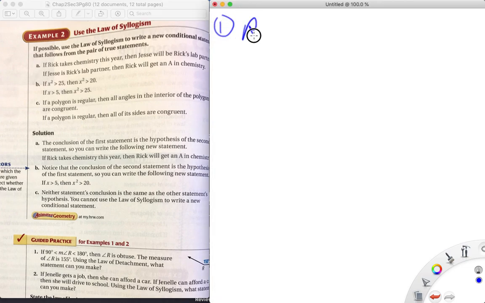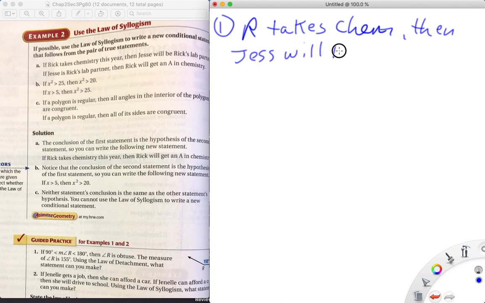If Rick, I'm going to say R for Rick, takes chemistry, then Jesse will be Rick's lab partner. That's the first conditional.